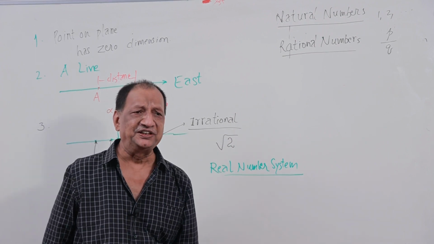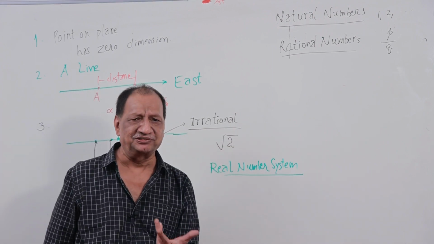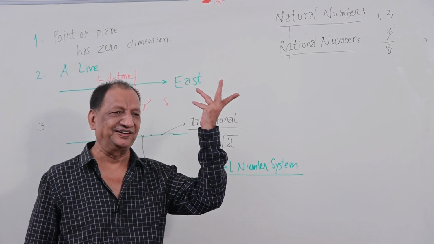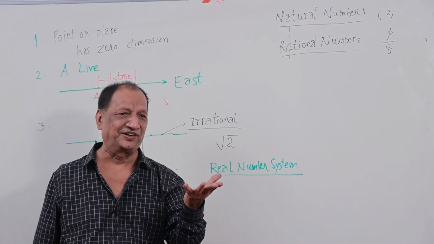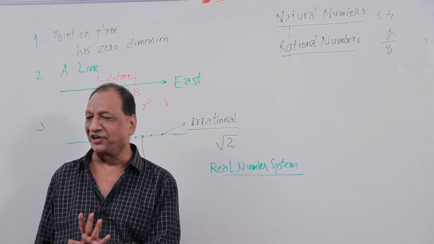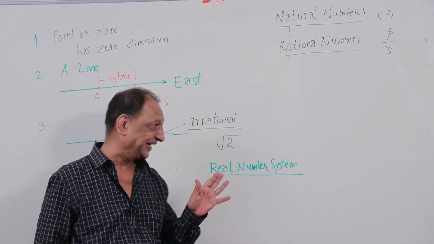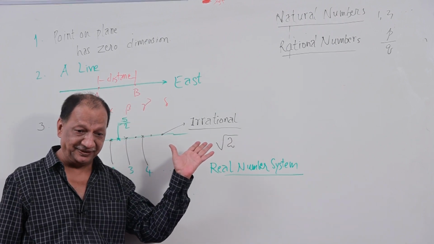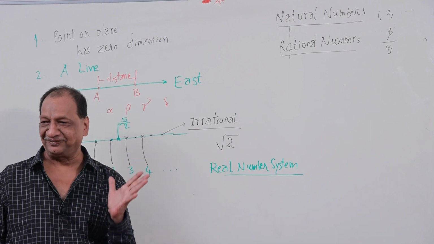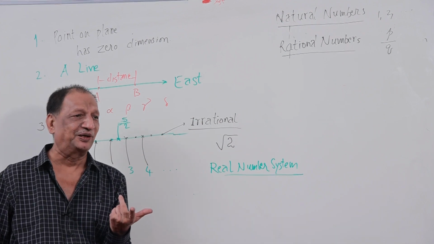If it's not a point on the axis, you say, look, it is not real. It is only imaginary. In fact, irrational itself is imaginary to start with. But then we are saying any point which is not on the real line, this is a real line now. It became a real line. Any point which is not on the real line is only imaginary. So we'll see what this imaginary is, how it comes about.